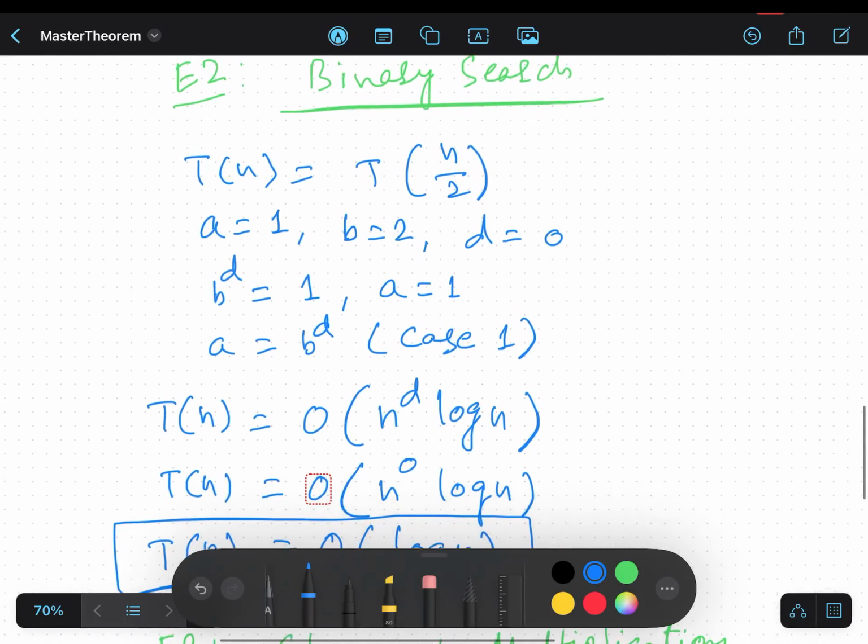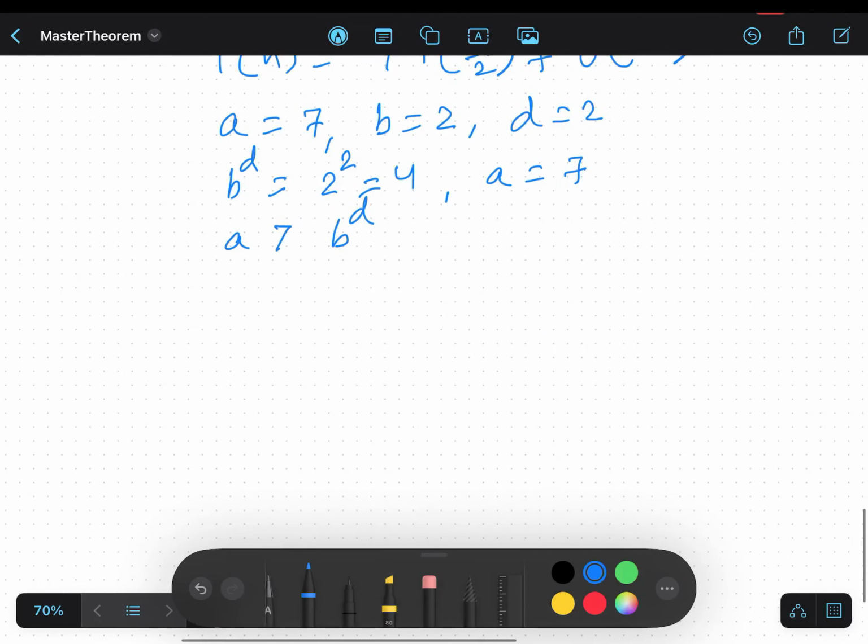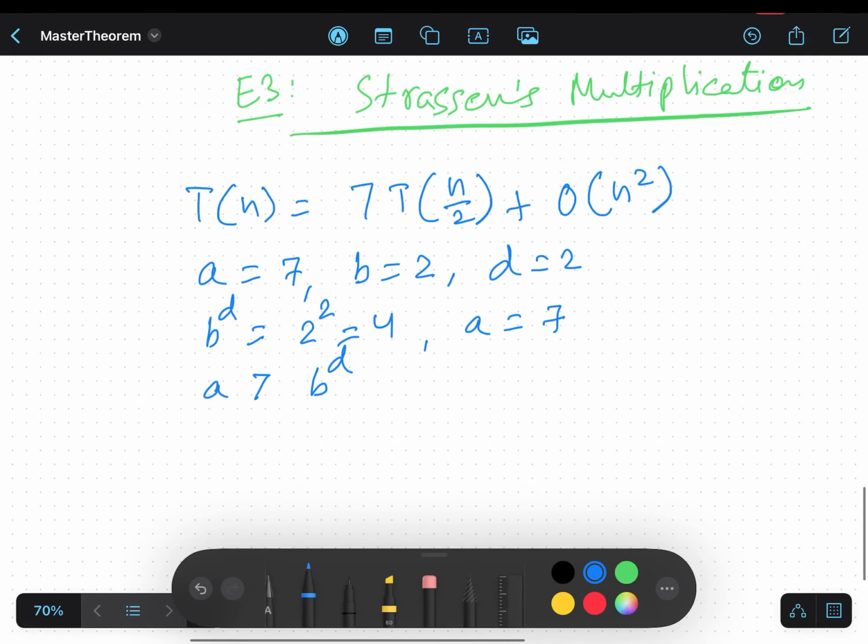So let's find out what the time complexity comes out.